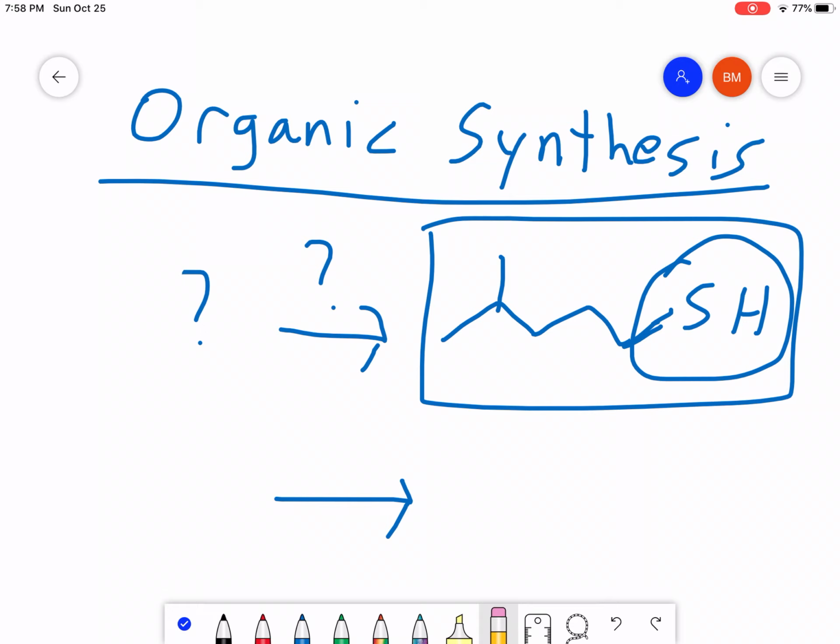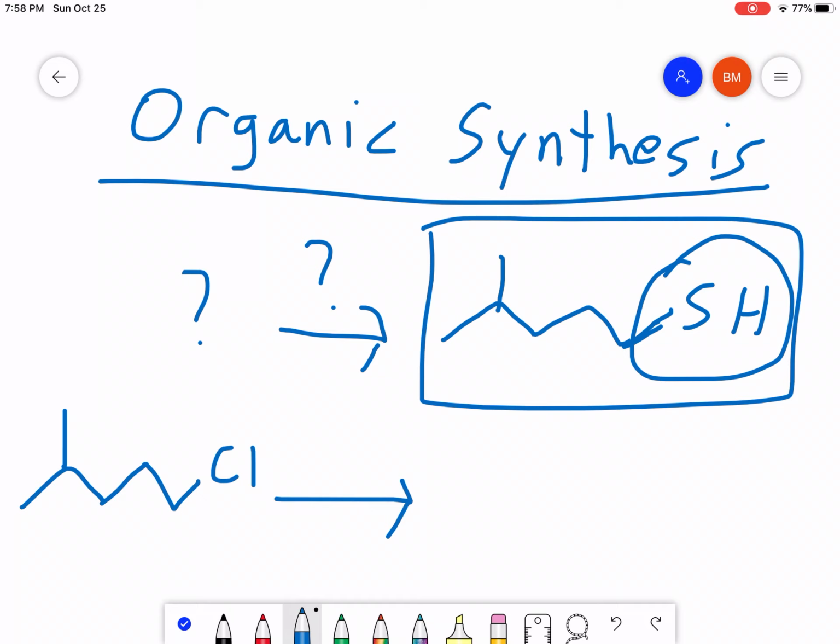You know that halides are good leaving groups, right? So one place for me to start would be to say, okay, if we had, let's say, an alkyl chloride, then we'd have a readily made leaving group, Cl minus, that could leave, where another group with this SH could come in.